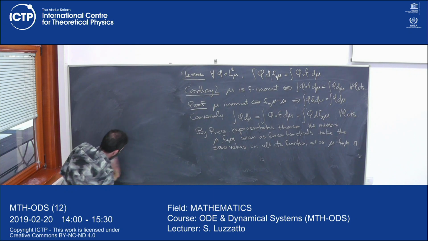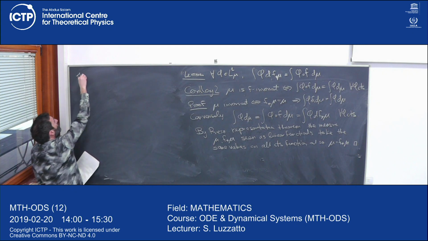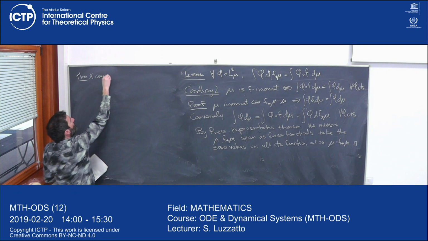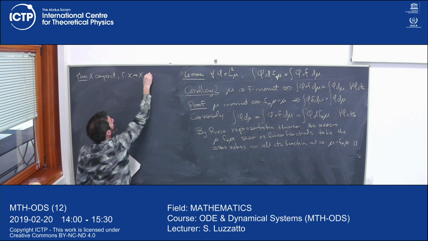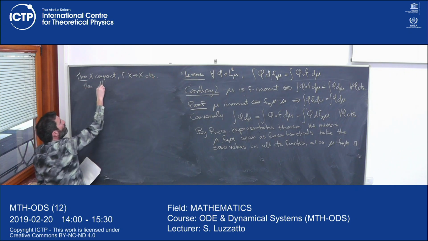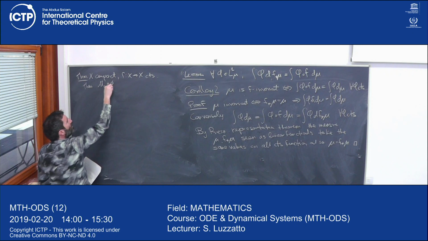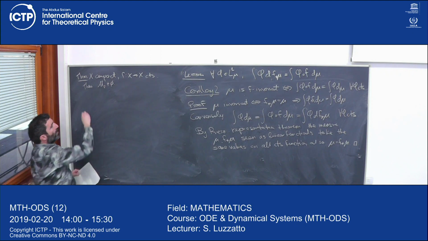So let me write down the theorem again. Theorem: if X is compact and f is continuous, then the space of invariant measures is non-empty. This is what we want to show.